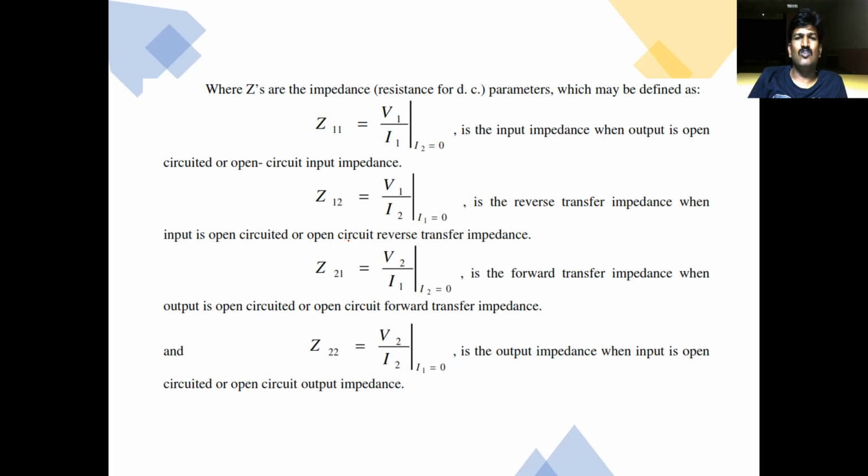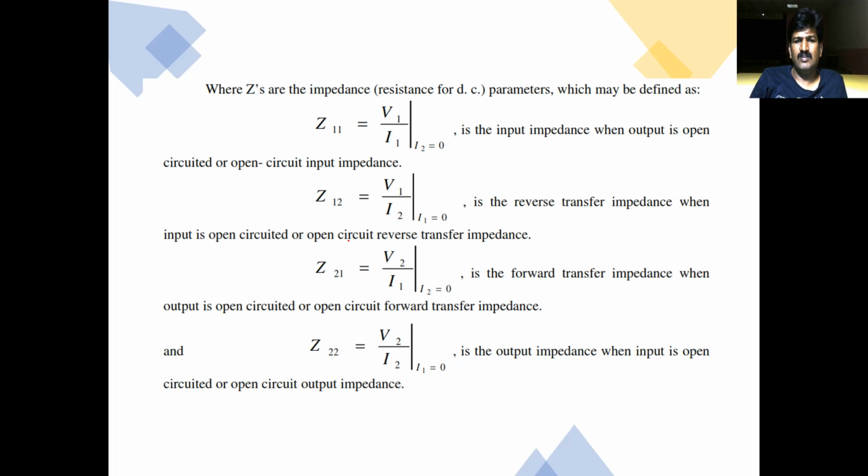Z12 is equal to V1 divided by I2 when I1 is equal to 0, which is the reverse transfer impedance when the input is open circuit. Z21 is equal to V2 divided by I1 where I2 is equal to 0, which is the forward transfer impedance when the output is open circuited, or open circuit forward transfer impedance.